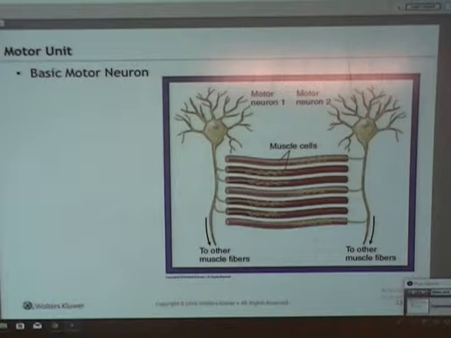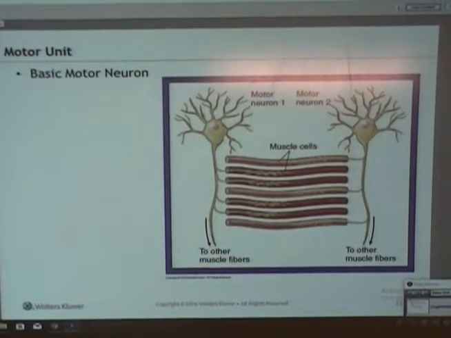On average, it's somewhere around 100 to 150, right? But the numbers are less important than the concept that if the motor unit is controlling fine movement, then there's fewer fibers within the unit than there are if it's controlling a gross type movement.